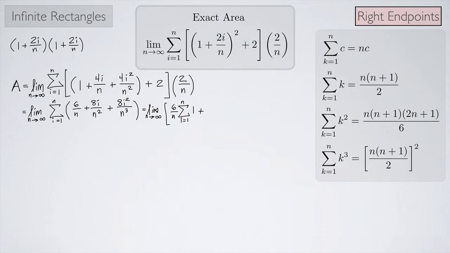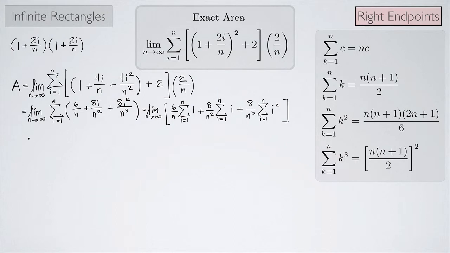Well, that i has to stay, but the 8 over n squared can come outside. The sum doesn't care about the 8 or the n squared. So i equals 1 up to n of plain old i. And then the last term, I have an 8 and an n cubed that can come outside. So I can put an 8 here and an n cubed here. And then I have the sum from i equals 1 up to n of i squared.